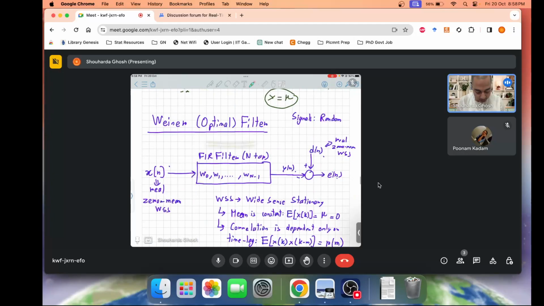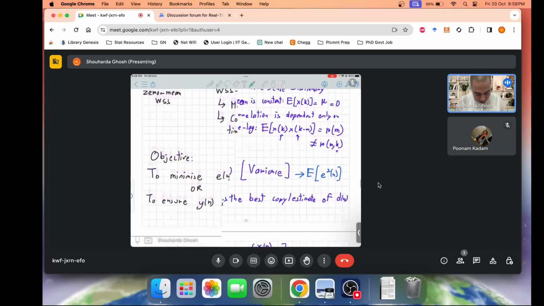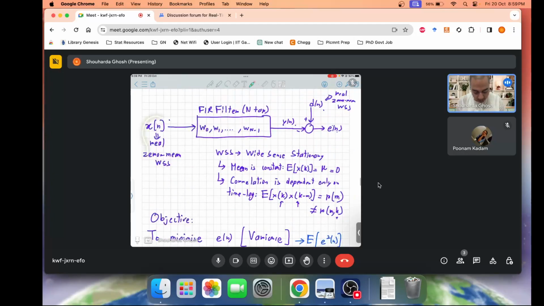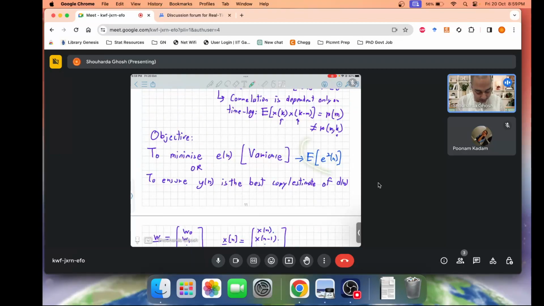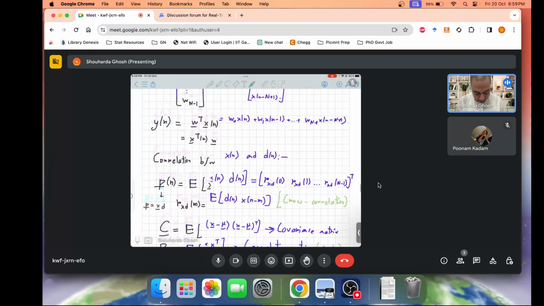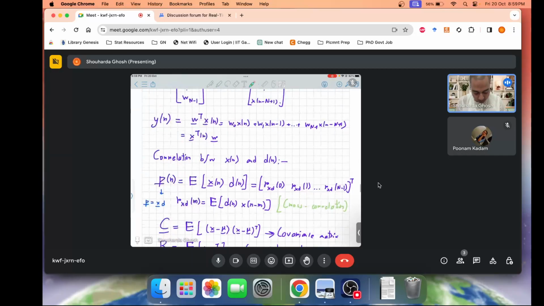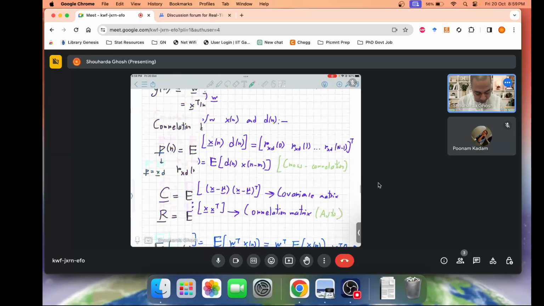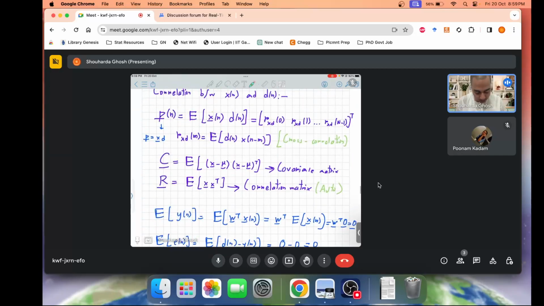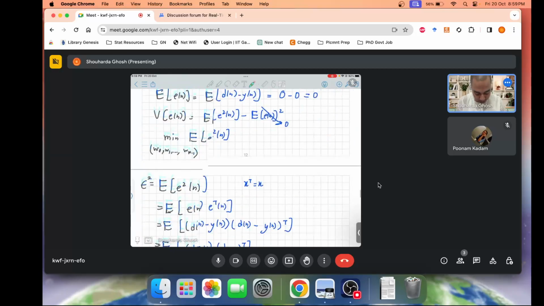So you're talking about the optimal filter, and x of n has to be zero mean, real, and WSS, and d of n is also similar. Then how do you obtain the optimal filter which models this giving the lowest error? We have to minimize the expectation of e squared of n. So we have a quantity which is the correlation between x of n and d of n, which is the p vector, the cross correlation vector, and then you have the autocorrelation matrix R of the x of n input signal.